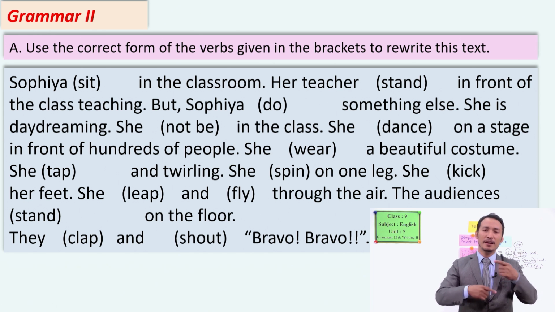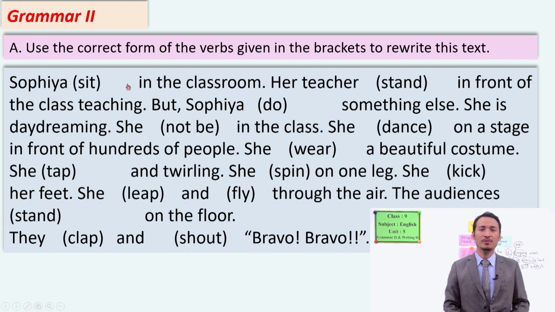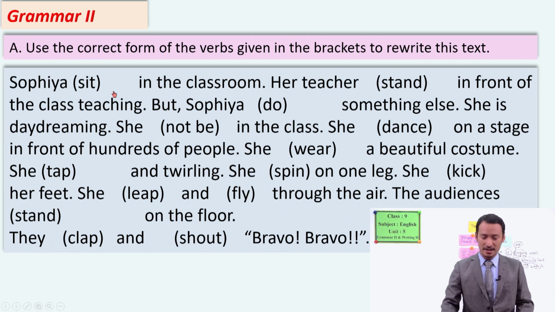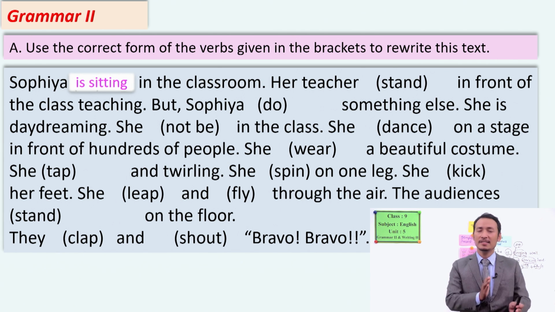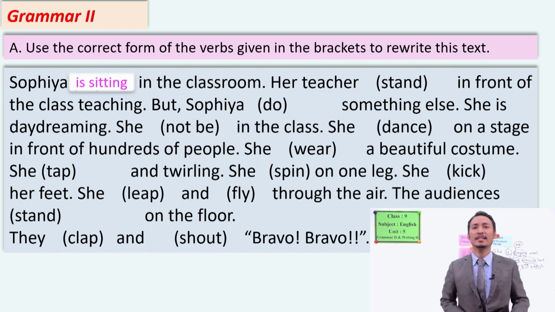There are some actions going on. So sitting is an action, so you can make it a present continuous form. Okay, students? Those things which are in action, you can write in present continuous form. And the things that are generally a fact or some situation, you can simply use simple present tense as well.